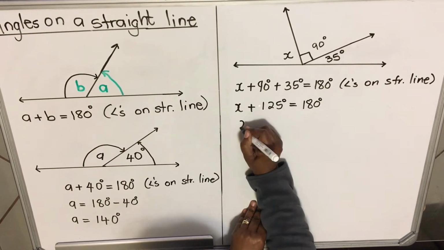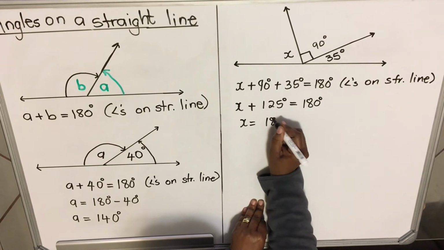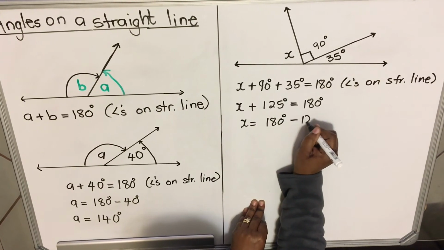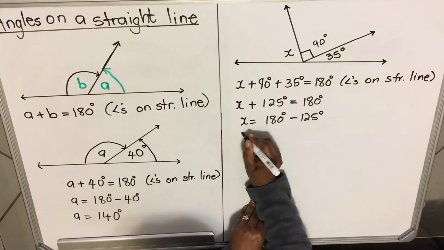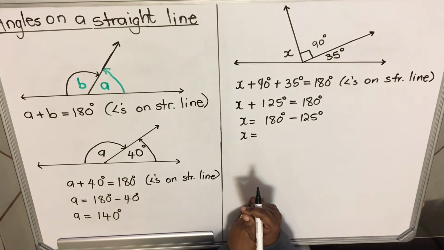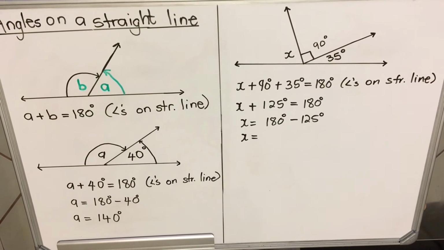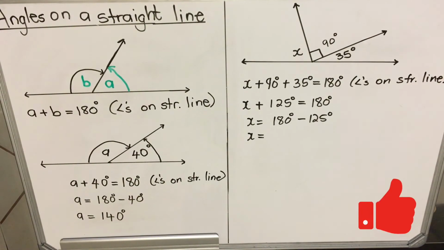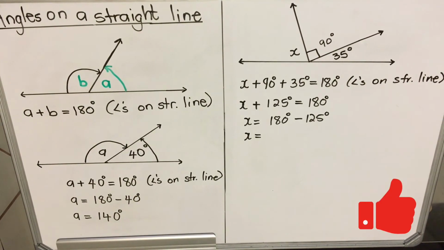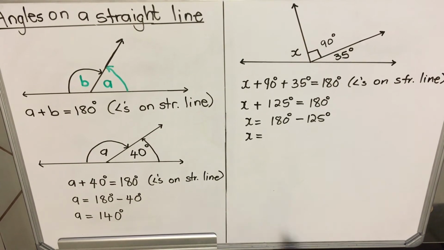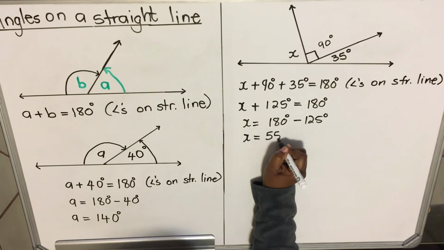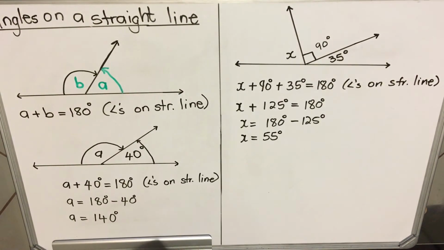We take the 125 to the other side, and it changes sign. Then we subtract. X equals 180 minus 125, which equals 55. So this angle is 55 degrees.